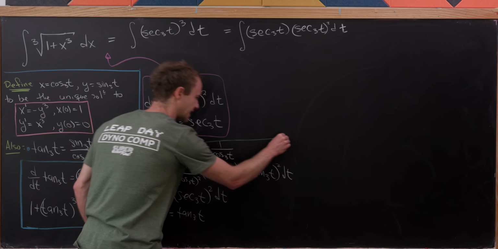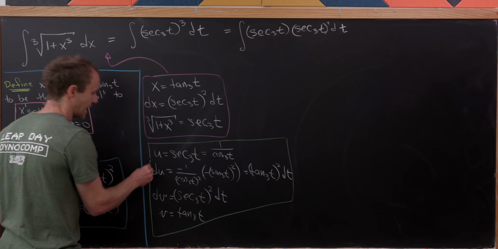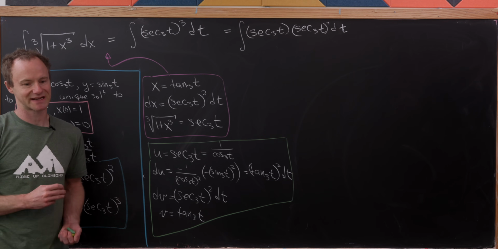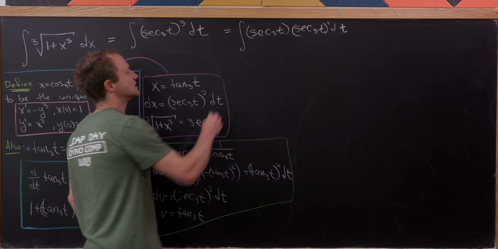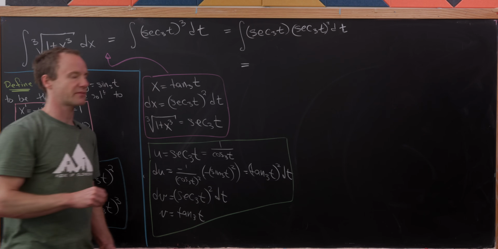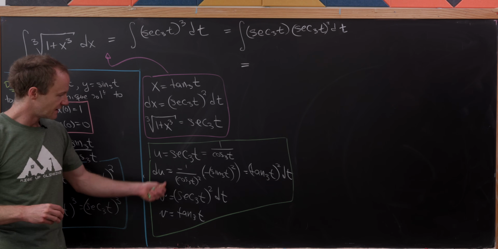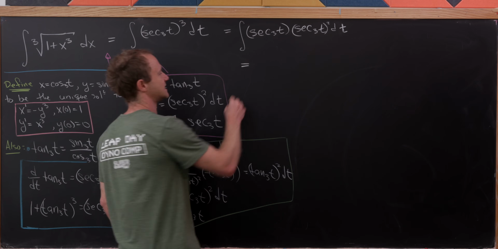Okay, so let's put a nice green box around that. And then, well, let's do a round of integration by parts and see what we get. So let's see. So integration by parts formula is u times v. That'll be the secant times the tangent.